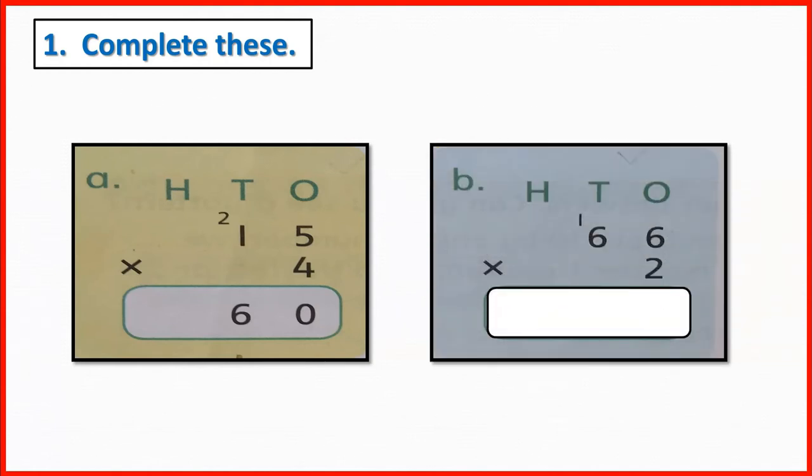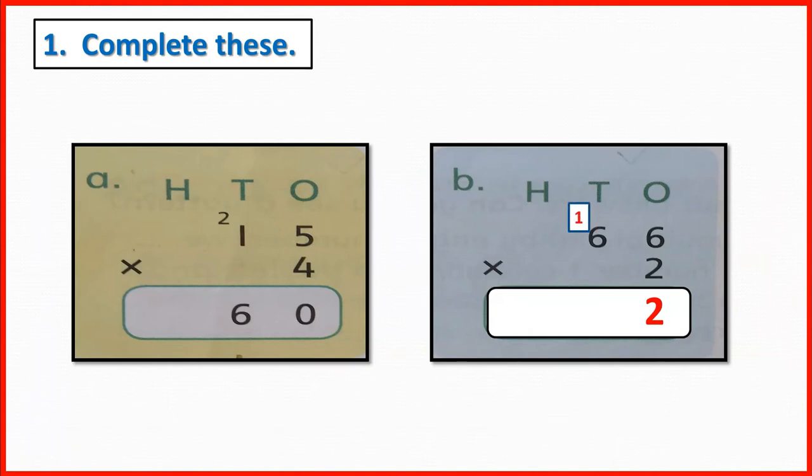Let's do another. 66 multiply by 2. First multiply ones. 2 sixes are 12. Write 2 in the ones column and convert 10 ones into 1 ten.